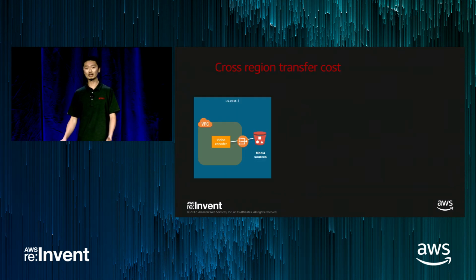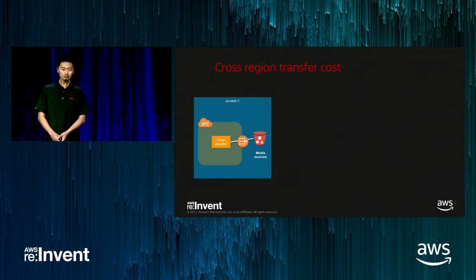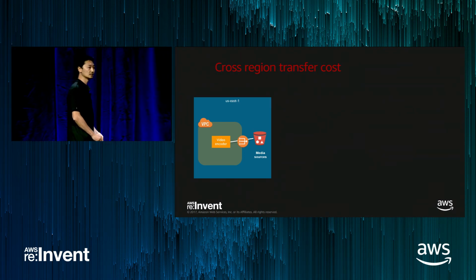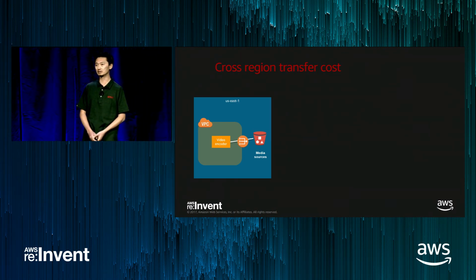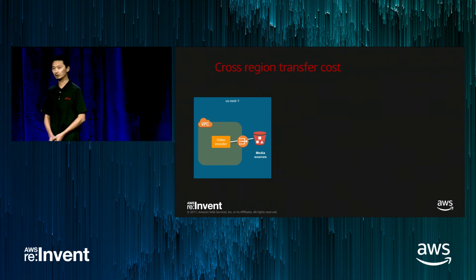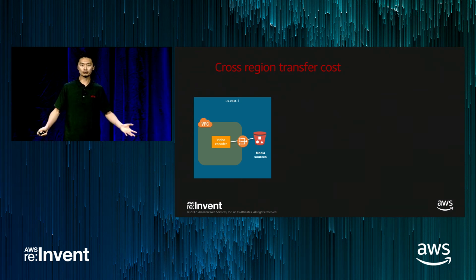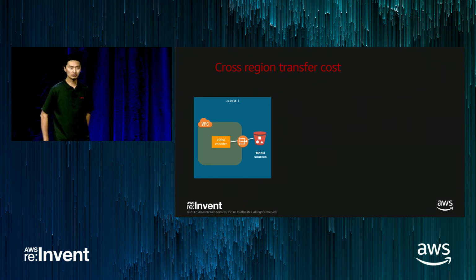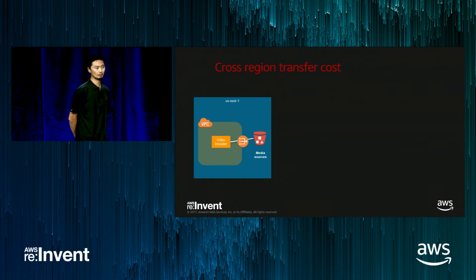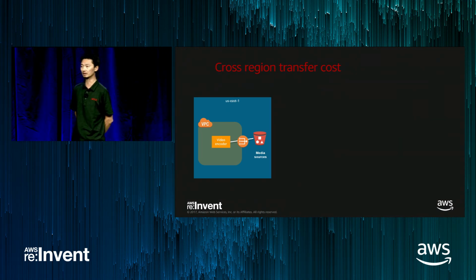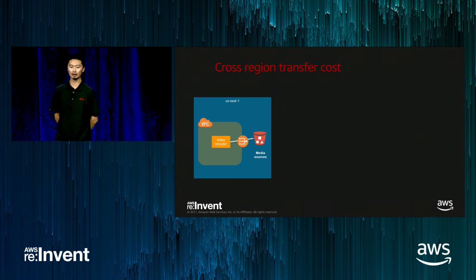So let me give you a couple of examples where we learned. We have been doing encoding in US East 1 for the last few years. All our assets are stored on S3 in US East 1. We're pretty used to just grabbing the resources, reading and writing to the S3 buckets in the same region, and that was easy. There was never a problem.